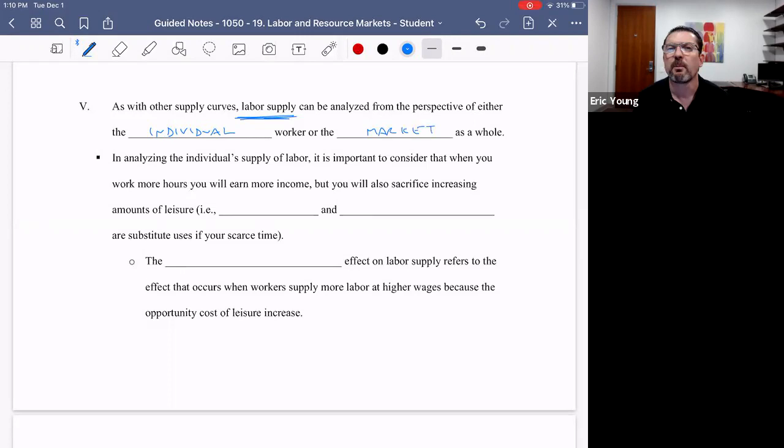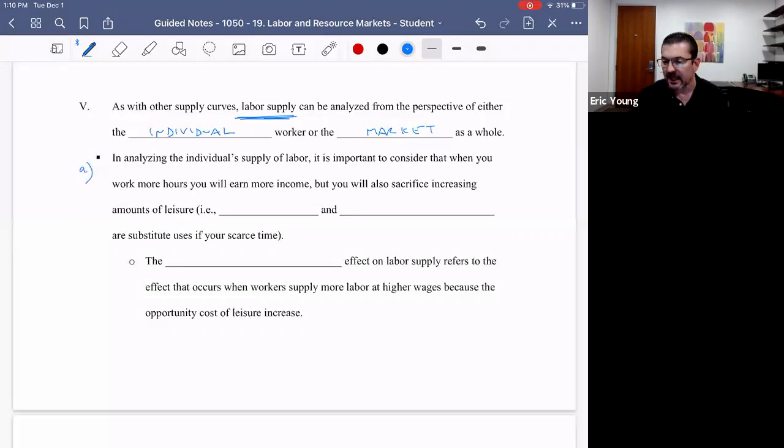This should kind of ring a bell when we were talking about perfect competition, and we talked about the market and then the firm, and the idea in perfect competition that in a competitive product market, you recall that the market supply and demand outcome pushed over to the firm. Okay, keep that on your back burner. But again, broad idea, labor supply can be seen from the perspective of the individual, the actual individual worker, or the market as a whole.